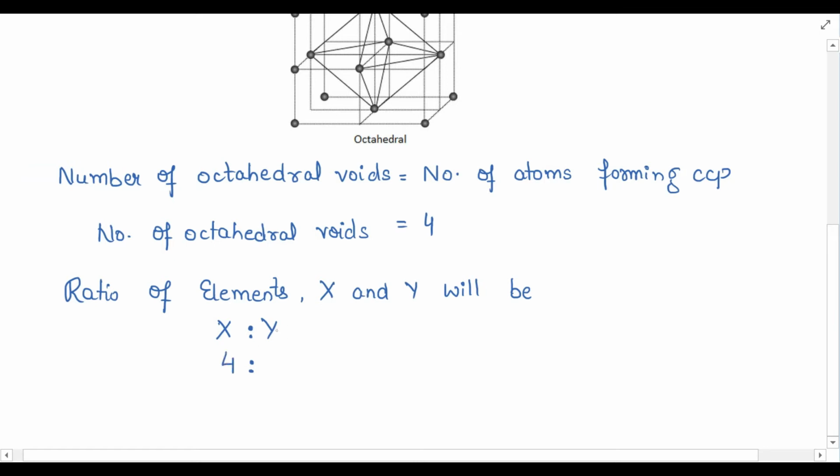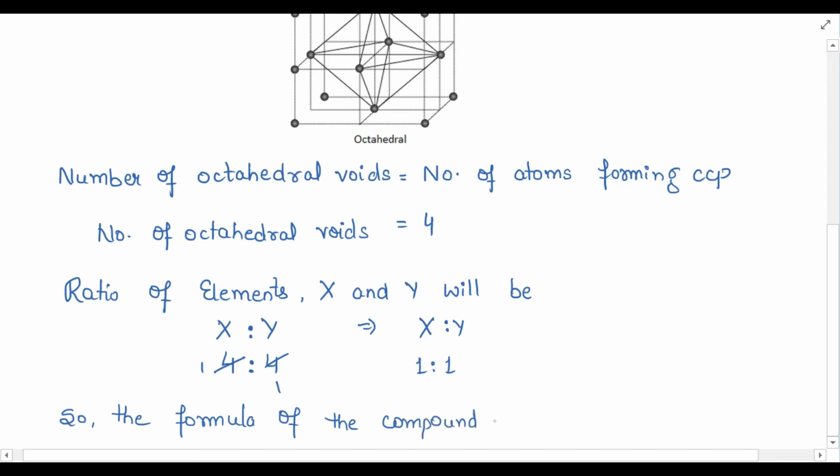And the contribution of atoms forming CCP structure are also 4, right? So I'll cancel 4 with 4. So X ratio Y will be 1:1. That means the formula of the compound will be XY.